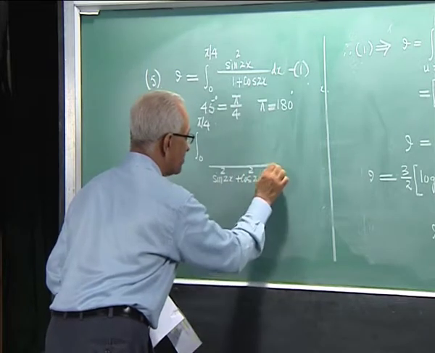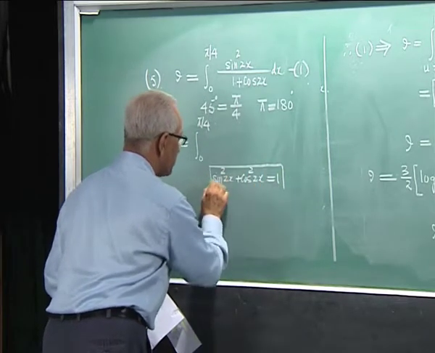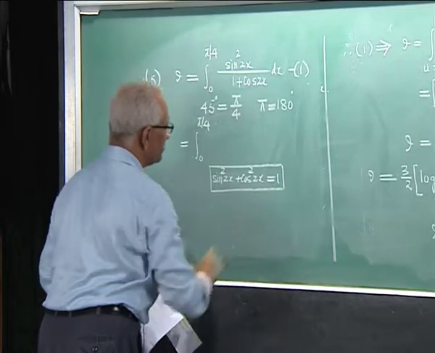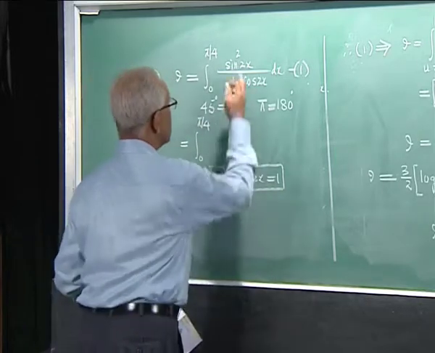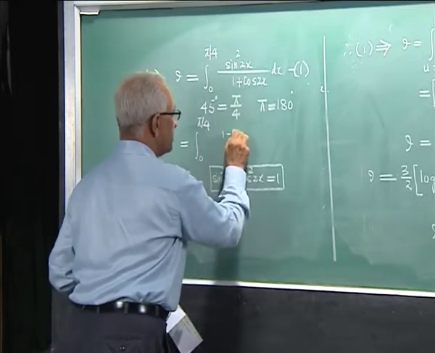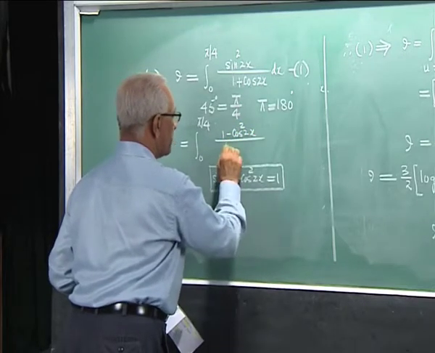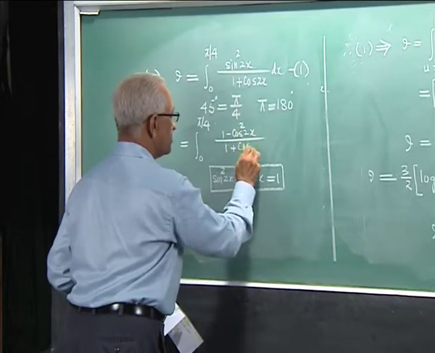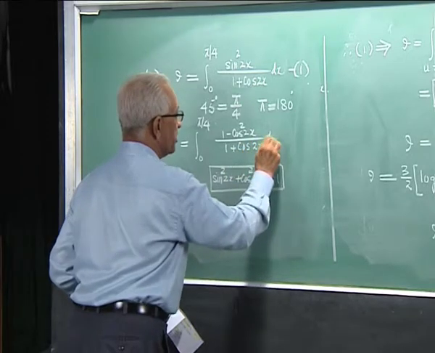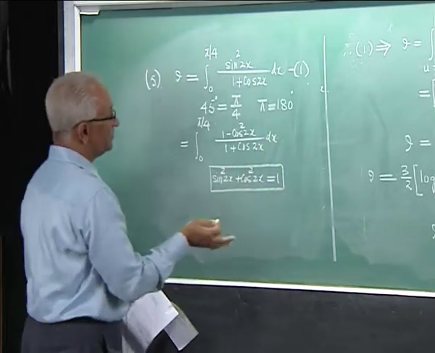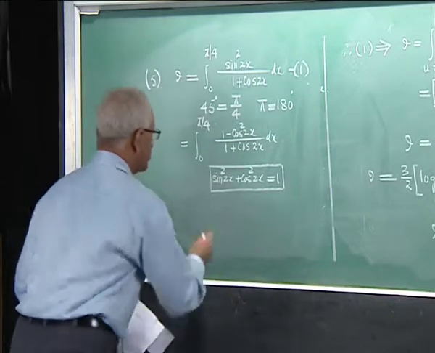We have done this number of times in all previous lectures that you can refer to. So I'll have, in place of sine square 2x, 1 minus cos square 2x upon 1 plus cos of 2x dx. No confusion. Sine square is written as 1 minus cos square.